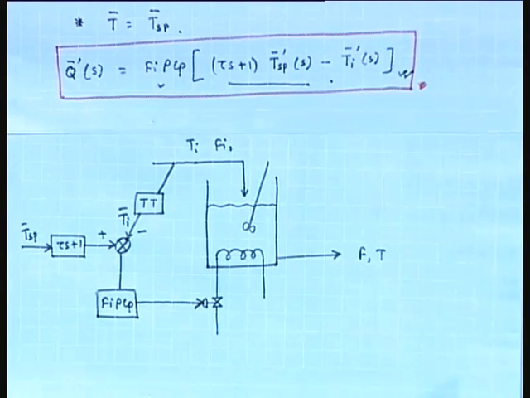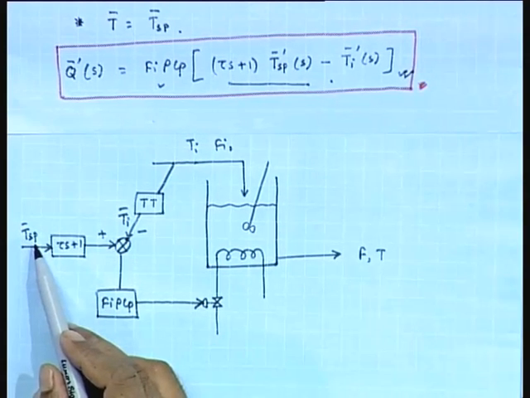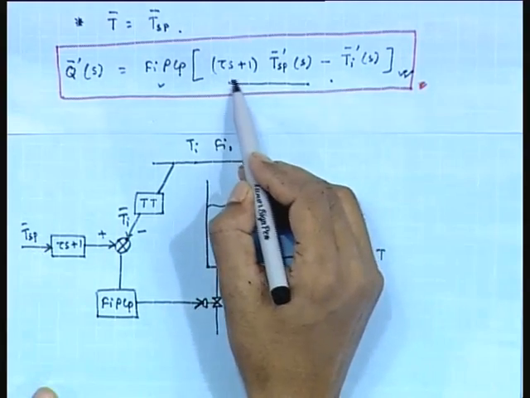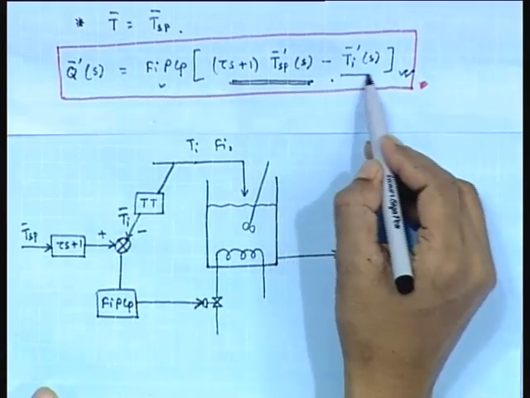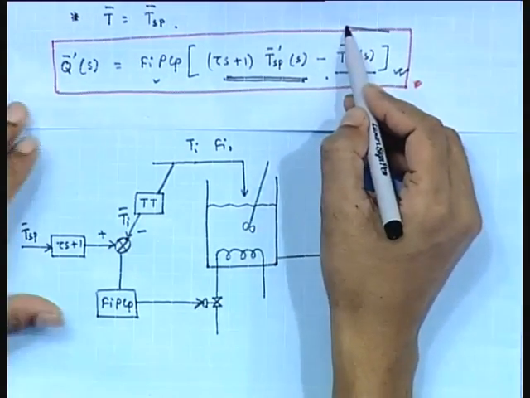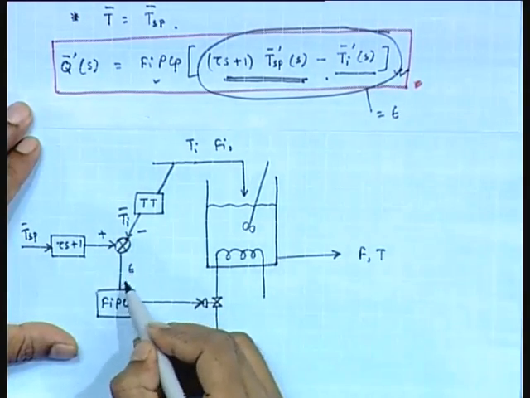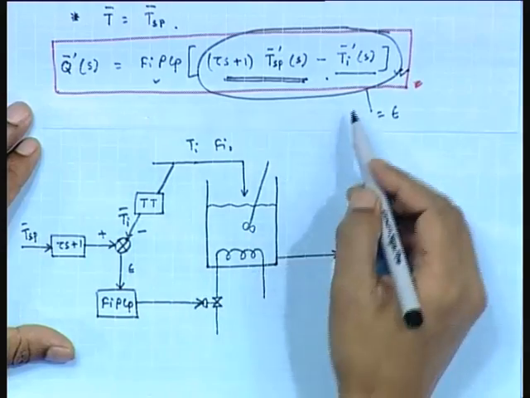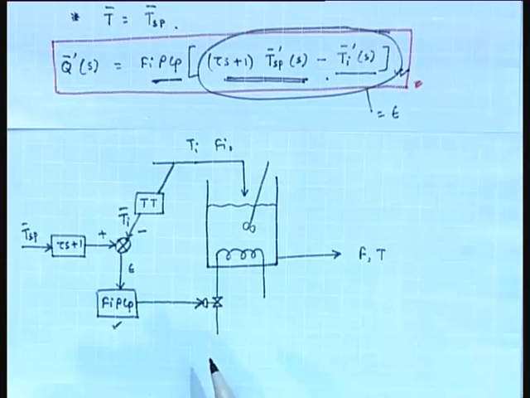Agree? Tau S plus 1 multiplied by TSP, that is this one, minus Ti. So, this part we can consider as error. Then this error is multiplied with Fi rho Cp, and output is Q, and that is written here in terms of deviation variables.